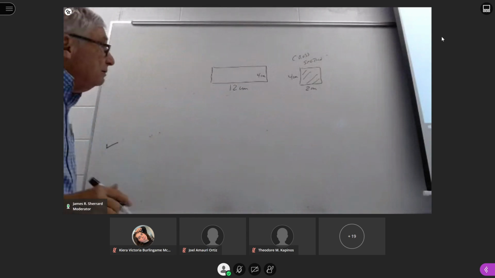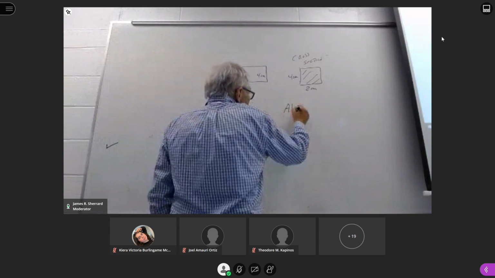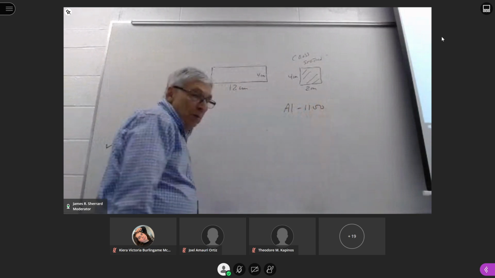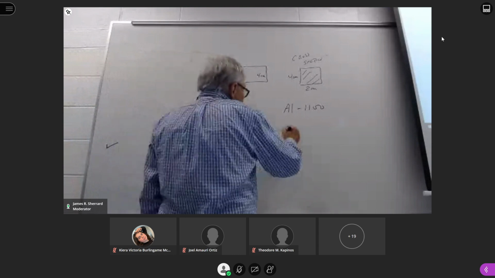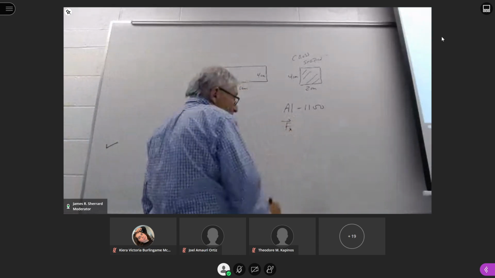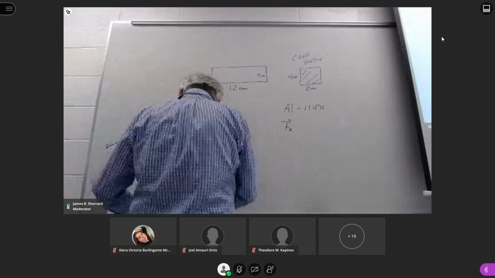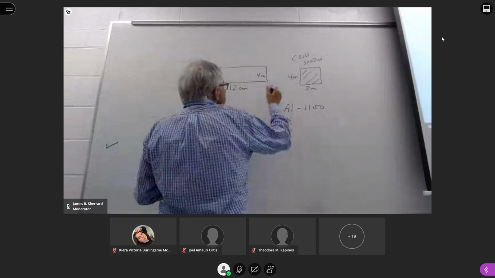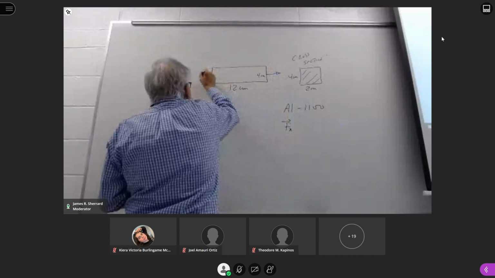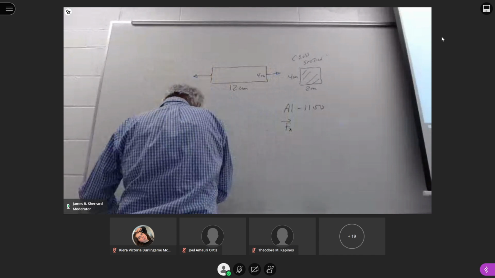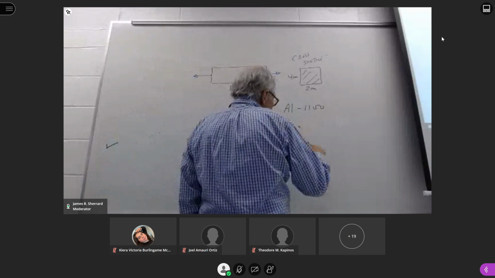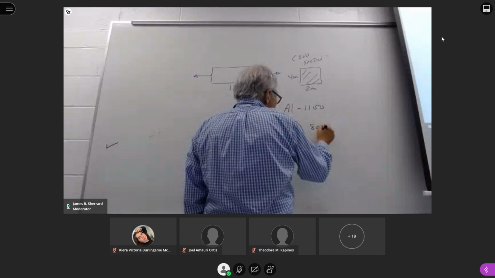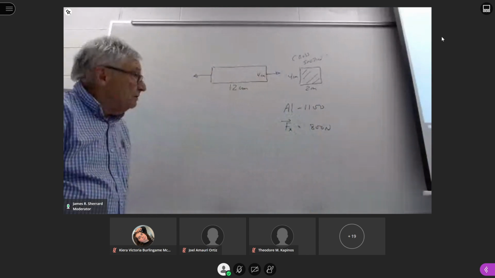Let's say we use our friend aluminum 1100. And let's say I load this such that we have a force in the x direction, which would be going like that, of 800 newtons.